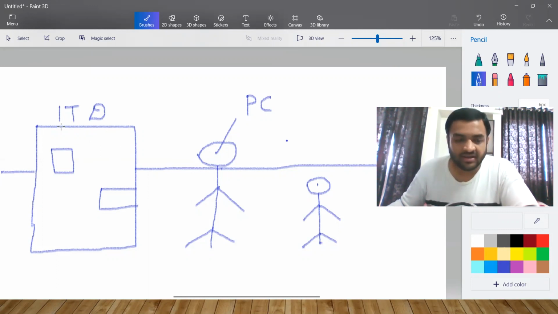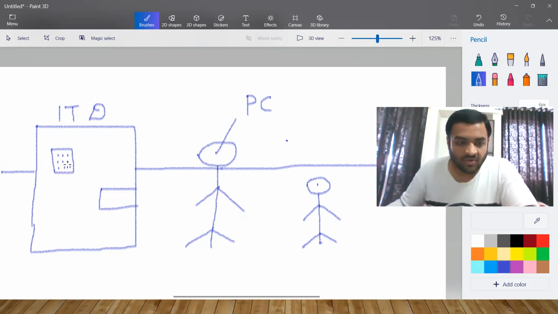But again, before entering the IT department, there will be additional authorization procedures. He will have to give his fingerprints, do retina scanning, or use his login ID and password to gain access to the IT department.